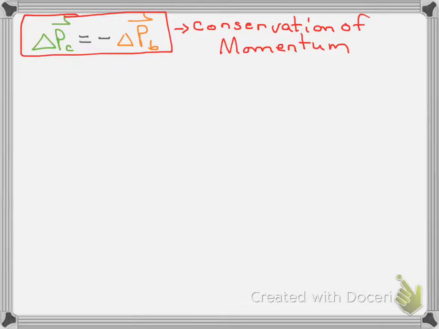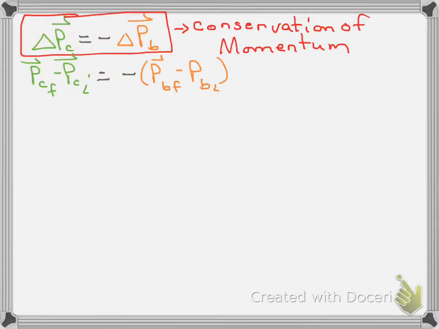So conservation of momentum says that if, let's say, the golf club loses momentum, the golf ball has to gain that same amount of momentum. The total momentum of a system of objects that are applying forces to one another is always the same number. Well, change in momentum of the club is its final value minus its initial value.